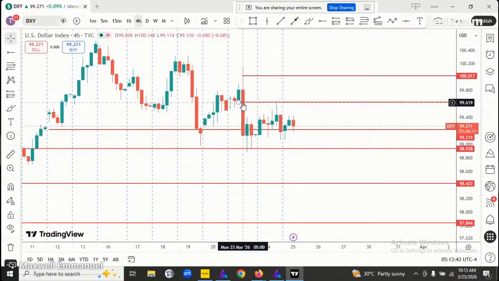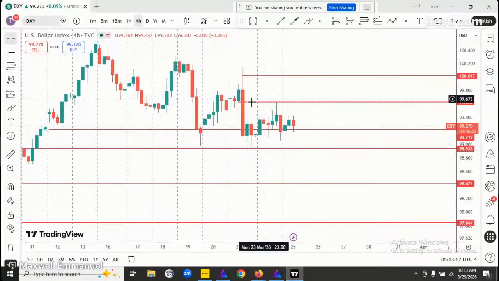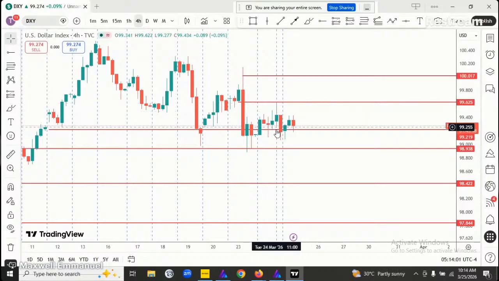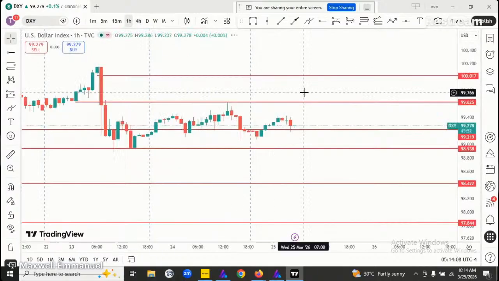Those who trade ICT concepts would have executed sells also because a fair value gap has been filled. So stop losses are residing at this high. I feel they would come for this high, and also they might come for this high. That is what I see playing out.